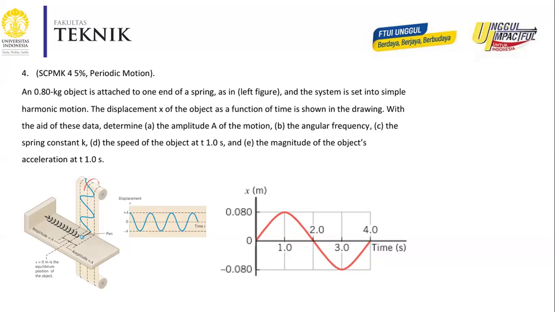Okay, it means that the system is like in the left side, but the graphs of position, distance and position is like in the right side. It means that at 0 time, the 0 second, the position is 0. And then after 1 second, so the position is 0.08. It means that the amplitude of the oscillatory motion is 0.08 meters.